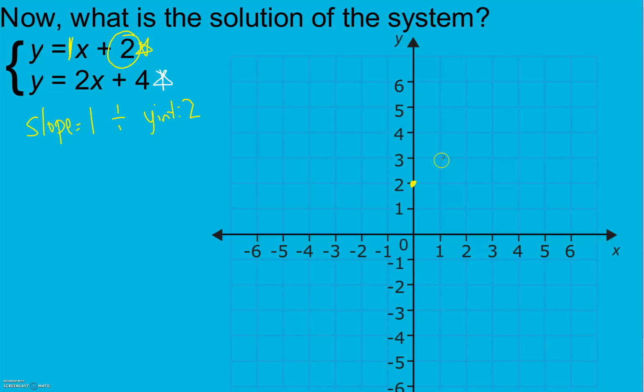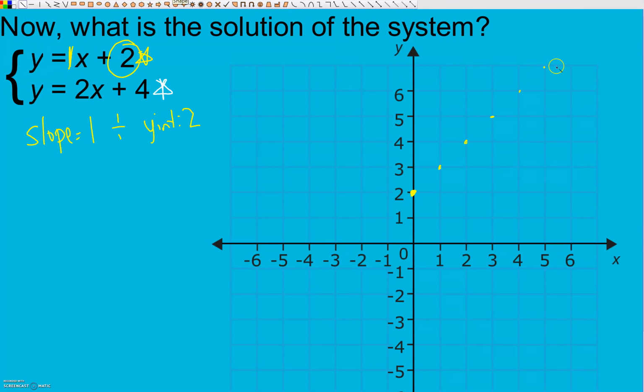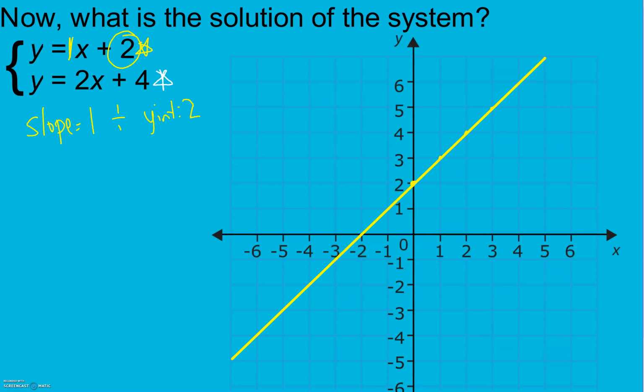So 2, up 1 over 1. And I can go ahead and draw in that line right away if I want. We want to extend it all the way through our graph so we can see where it intersects our second line, since we don't have those points yet and aren't sure where that's going to go.